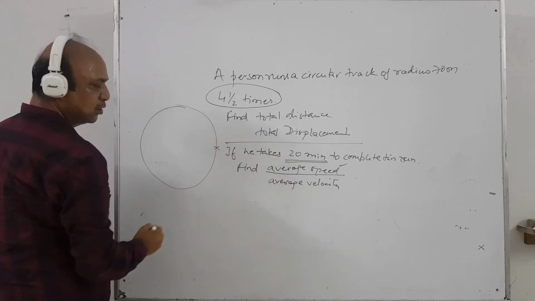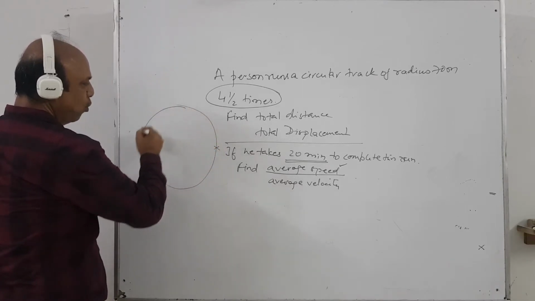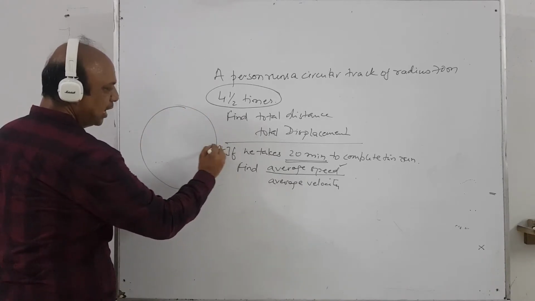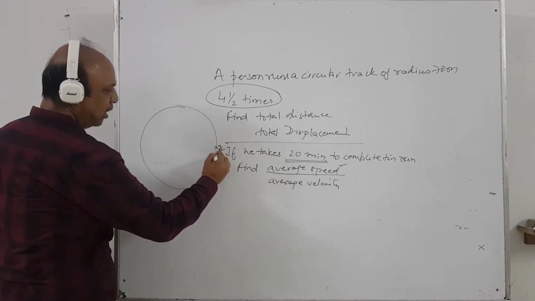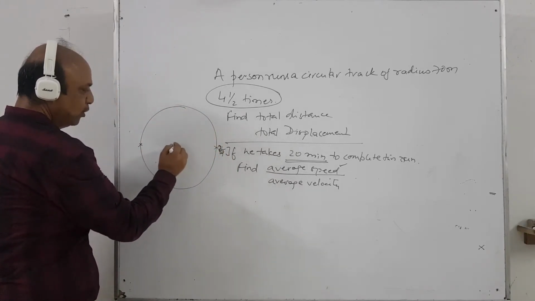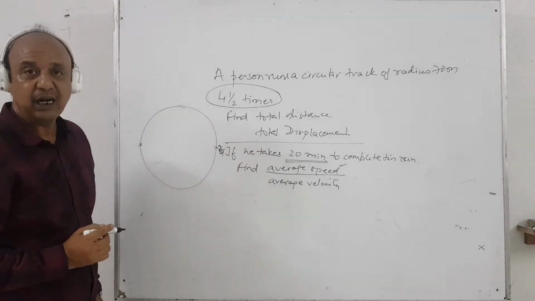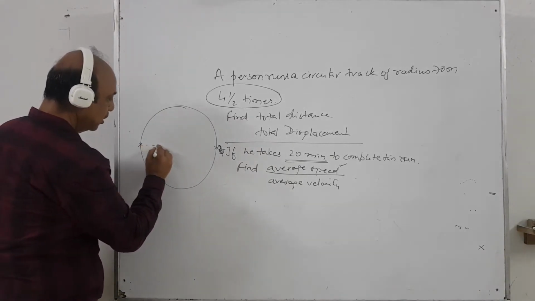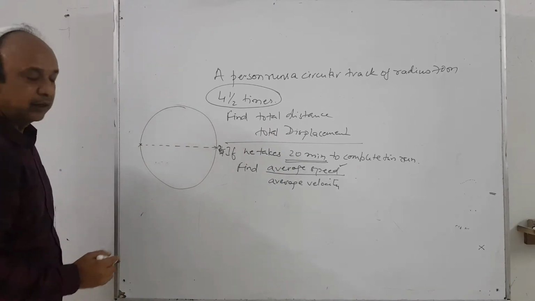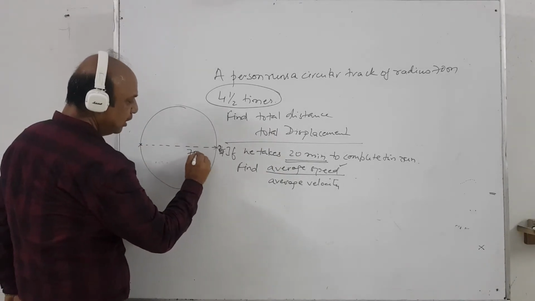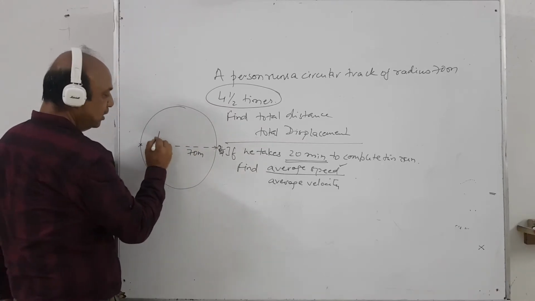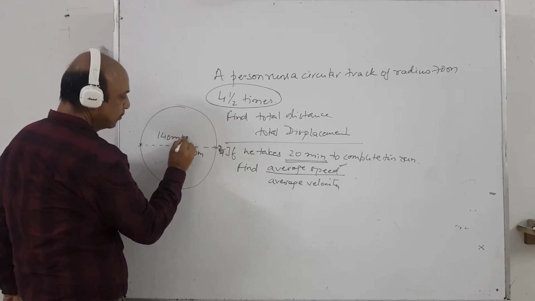A person starts from here, goes around 1, goes around 2nd, 3rd, 4th and finishes here, which is diametrically opposite end. If this is the center of the circle, he is here. What is the diameter? 70 meters. So the displacement is the diameter of that, 140 meters.